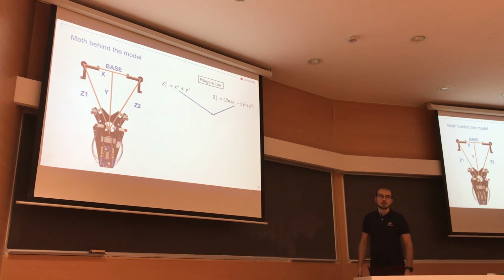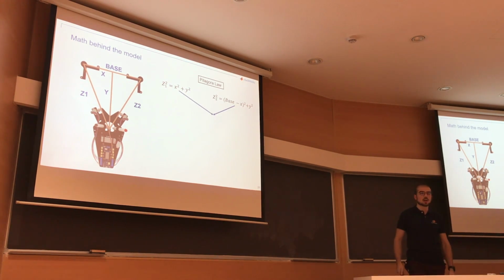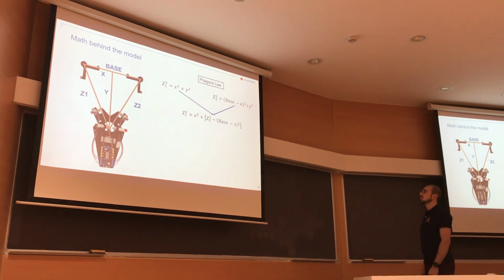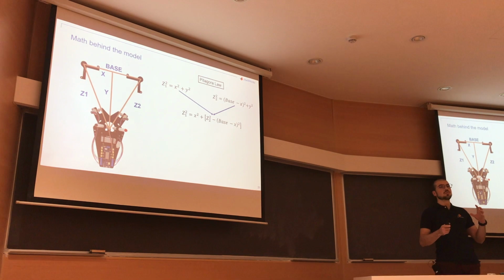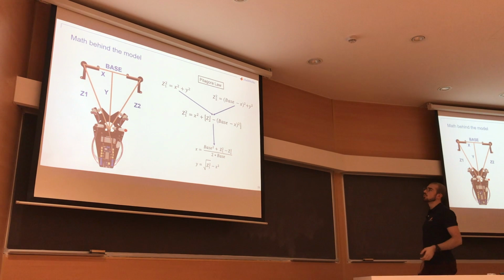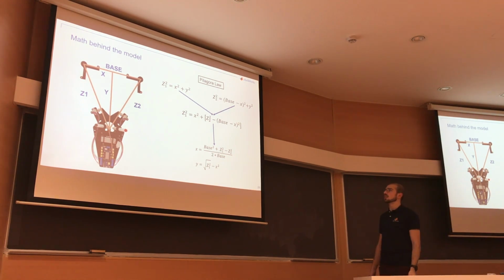We can combine these two formulas and get this result. This result is obviously only a part of the complete dynamics, because usually we want to define the space in x and y coordinates. But here we have a projection, and we need to develop it into x and y coordinates.